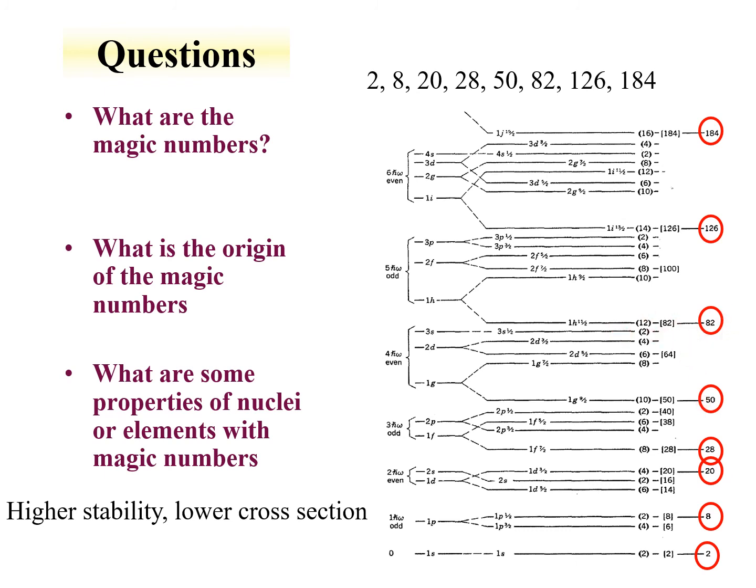And you'll also see that nuclei that have magic numbers tend to have lower cross sections. Great examples are doubly magic nuclei. For instance, lead-208, very low cross section. And isotopes of tin, low cross section for nuclear reactions.